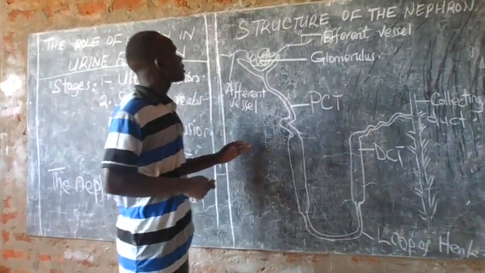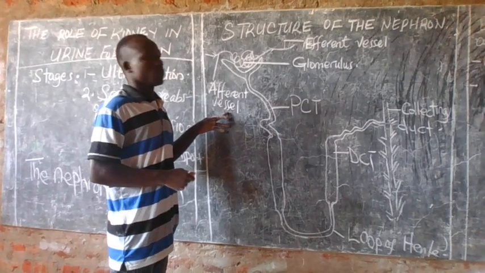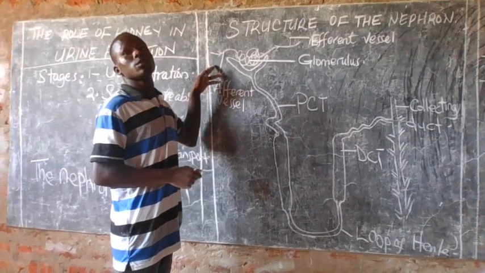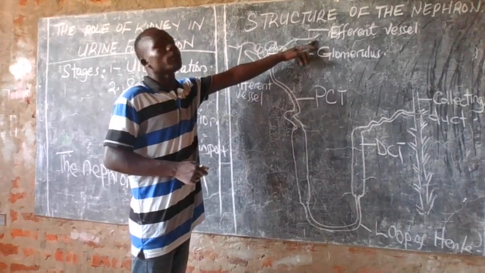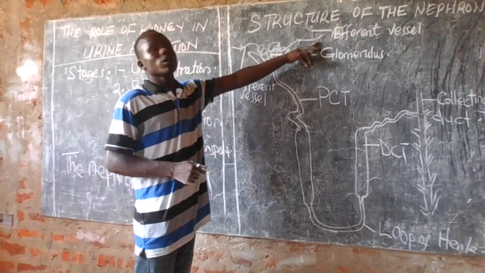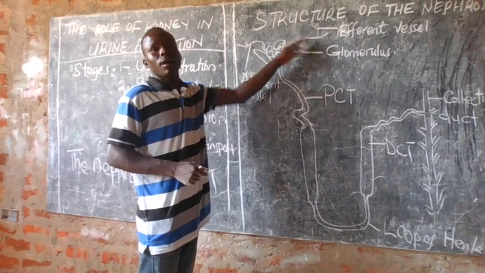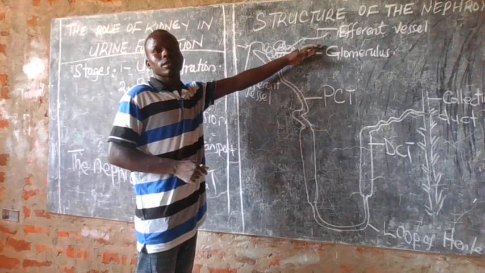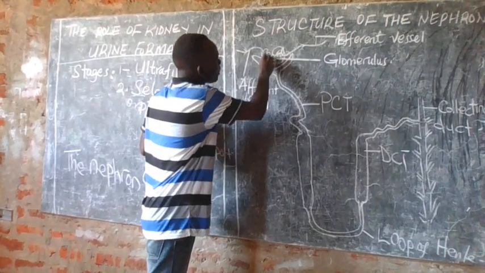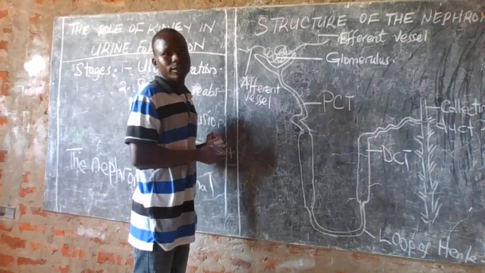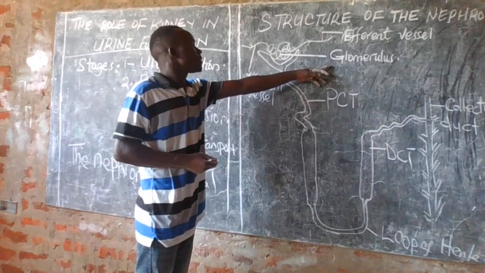The nephron consists of an afferent vessel which receives blood from the general circulation, and an efferent vessel which takes blood away after filtration has taken place. Then there comes a dense network of capillaries called the glomerulus.